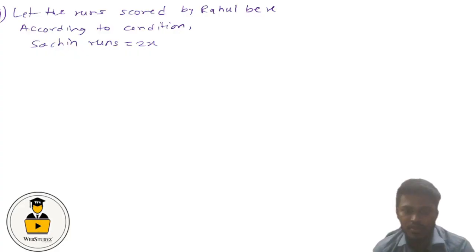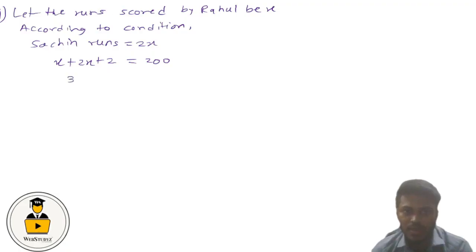Now we know that a century means 100, so a double century means 200. They are 2 less than the double century. That means if we add 2 here, we will get the double century. So this is our required equation.